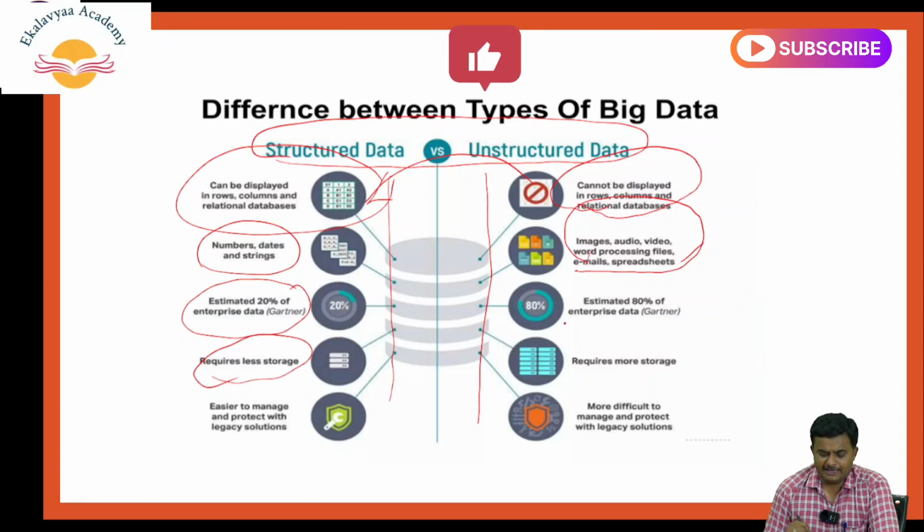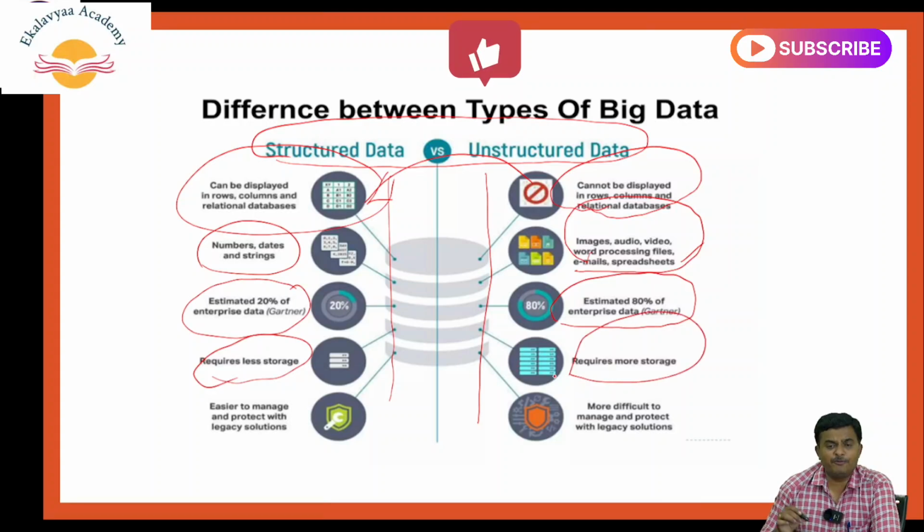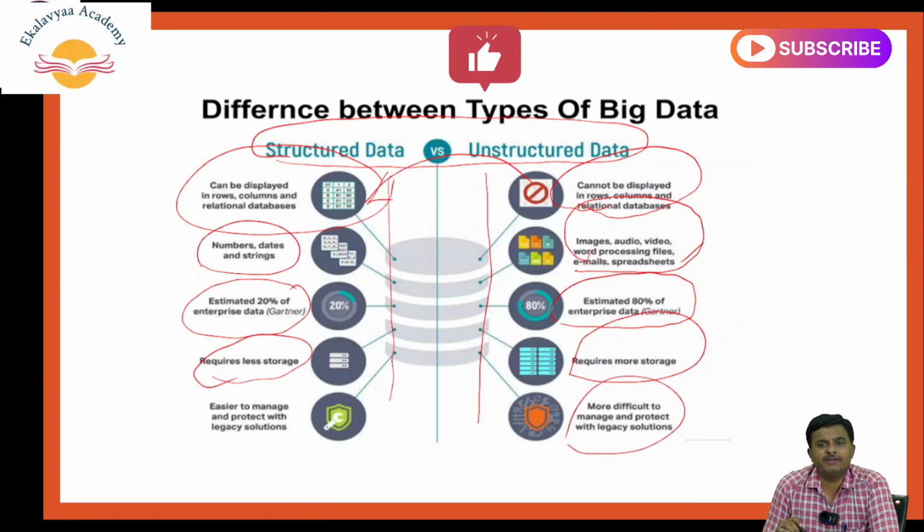Out of big data, 80% of enterprise data remains unstructured. That type of data obviously requires more storage when compared to structured data, and it is more difficult to manage and protect with legacy existing solutions. Okay.